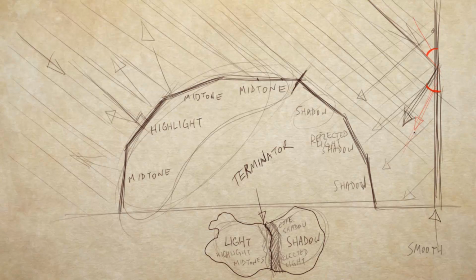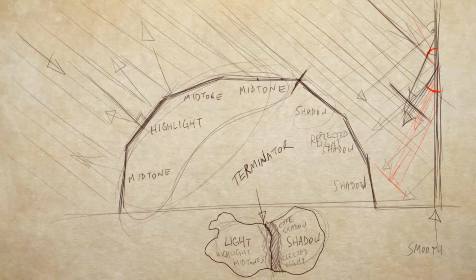So if there's a surface parallel to that angle, that's the one that will receive the most light. In this case, the incident angle is coming down like that, so we would want an angle close to that.